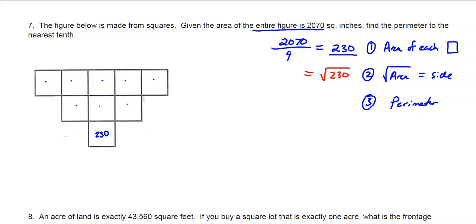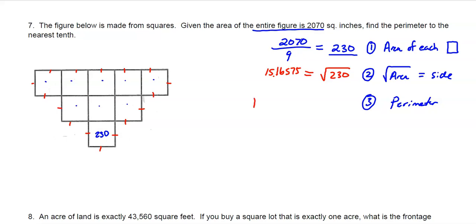And I'm going to do the square root of 230. And I get 15.16575, and it keeps on going. I'm not going to round it just yet. I'm just going to leave that number in my calculator because I know I'm going to do the perimeter. 1, 2, 3, 4, 5, 6, 7, 8, 9, 10, 11, 12, 13, 14, 15, 16 sides for the perimeter.